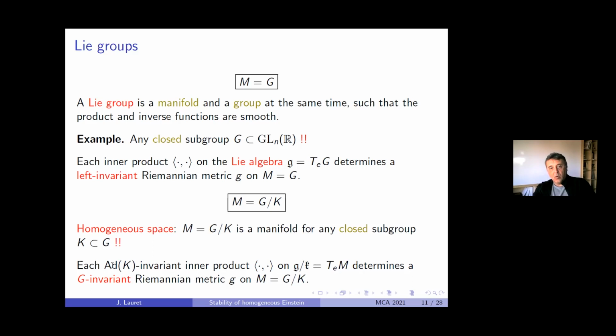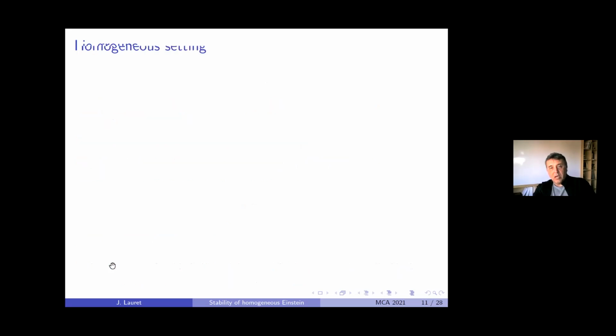Okay, so we have in this situation, the homogeneous is a mix between geometry and algebra, and so of course promises a very nice interplay. So take a compact homogeneous manifold.